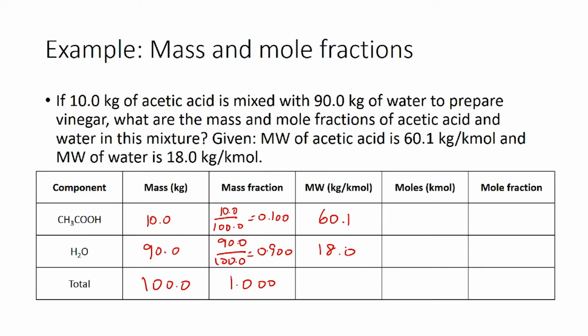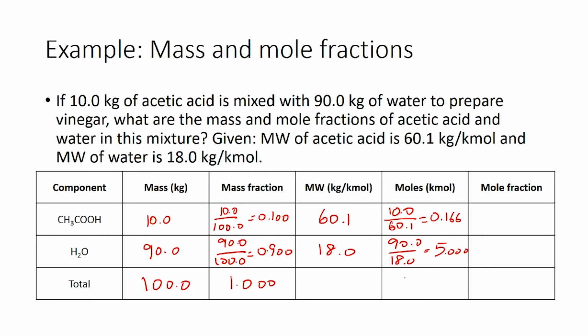Based on this, we can calculate the number of moles of acetic acid as mass, which is 10.0 divided by 60.1, giving you a value of 0.166, and mass which is 90 kilograms divided by the molecular weight, giving you a total number of moles of 5 moles.